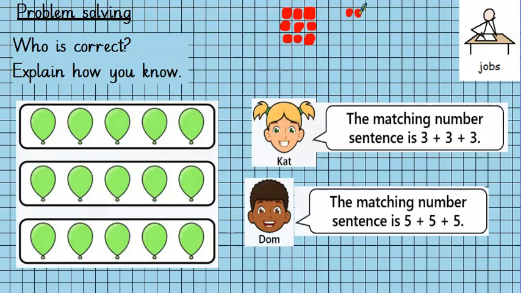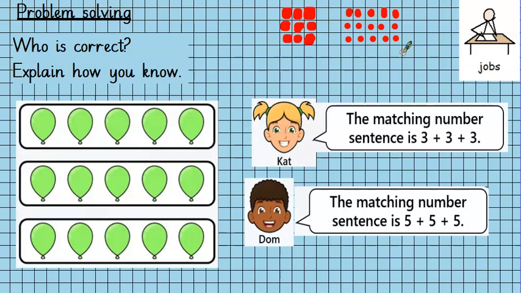So 1, 2, 3, 4, 5. 1, 2, 3, 4, 5. He said 5 in each row, and he said it 1, 2, 3 times.